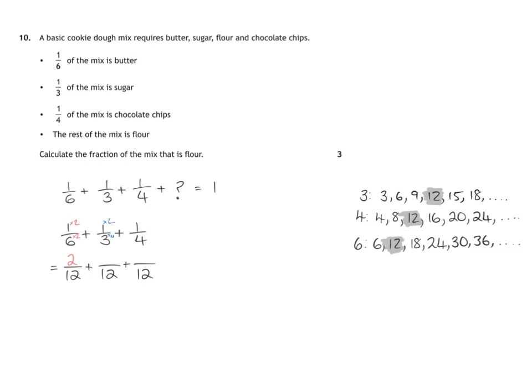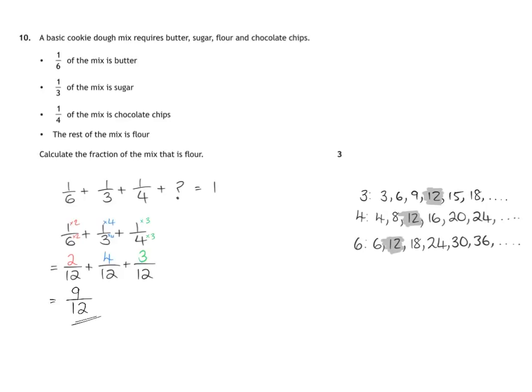So I have to times the top by 4, which gives me 4 out of 12. My last one, to go from 4 up to 12, I need to times by 3. So I need to times the top by 3, so we end up with 3. Now, we can add them together. So 2 twelfths, add 4 twelfths, add another 3 twelfths, altogether gives me 9 twelfths.